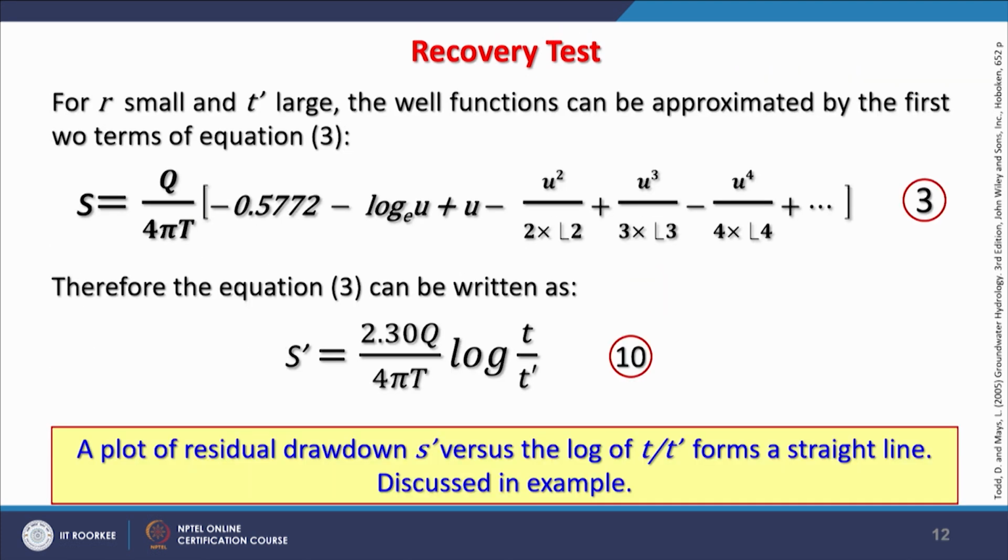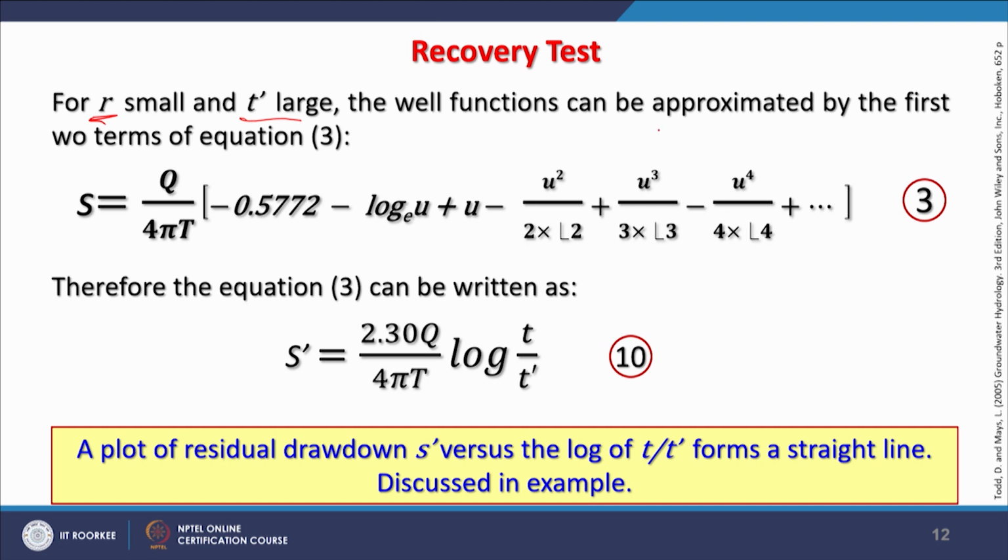So, for small r and large t', because the recovery time is large, it is not as in pumping.